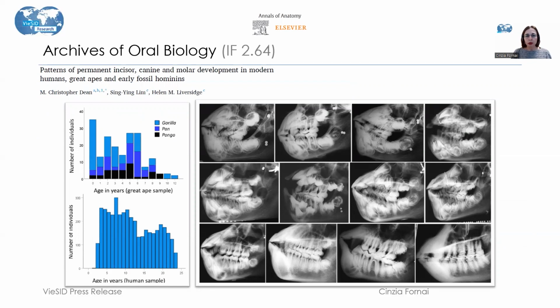And so the authors wanted to assess how the sequence of tooth formation and eruption in great apes compares to that of humans. They used radiographic films of 159 once free-living subadult great apes and orthopantomographs of 4,091 dental patients aged between 1 and 23 years.